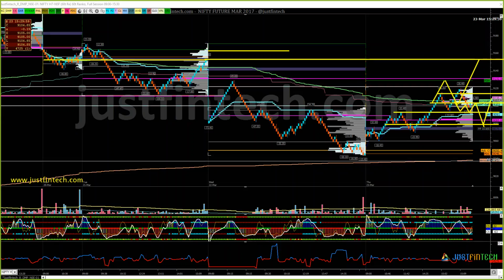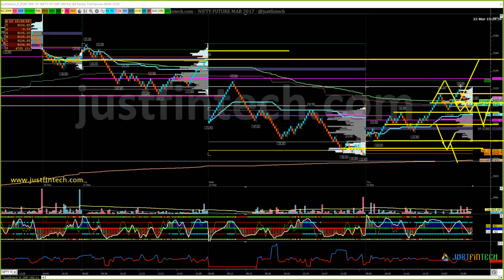But in case it pushes through this, then I'm expecting the break of this low and then a move into this mid, check for any buying here and again come back. So kind of rotational moves all over, and otherwise it starts pushing lower into the 9035 zone again. That is the scenario on the downside.